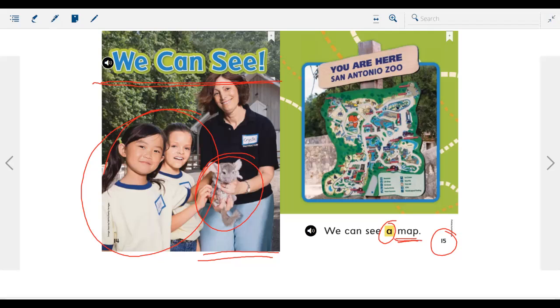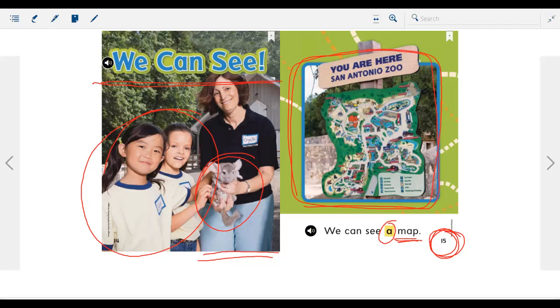Okay, so we're gonna start reading, and I want you to look at page 15, which is right here, and I want you to tell me what you see in this picture. What is this? Remember, the photographs give us clues to what the story's about. Did you think it was a map of some kind? It is.